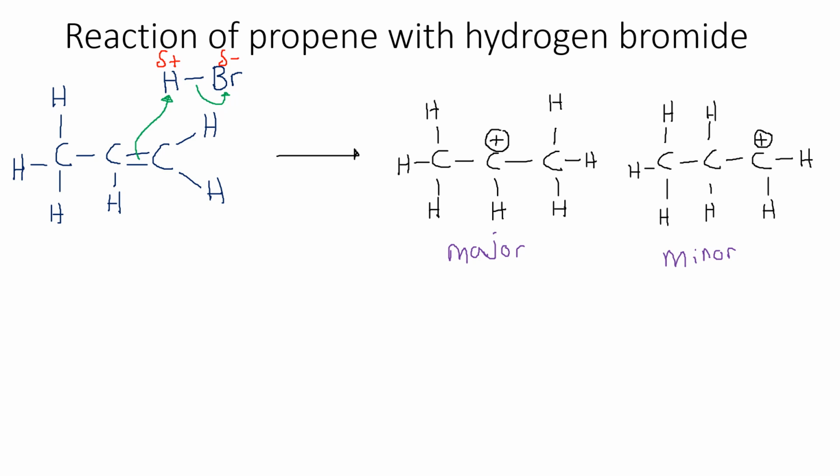So you can picture now you've got your little pot where this reaction is taking place, and you have both of these, more of the left-hand side one than the right-hand side one. But you've also got your Br minus that was formed from the previous step. And the reality then is that the Br minus can attack here, and it attacks here, and what you end up is a mixture of products.